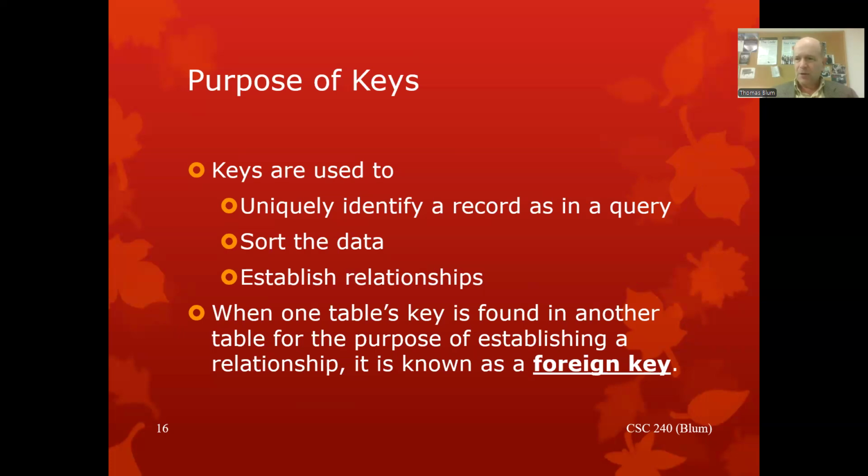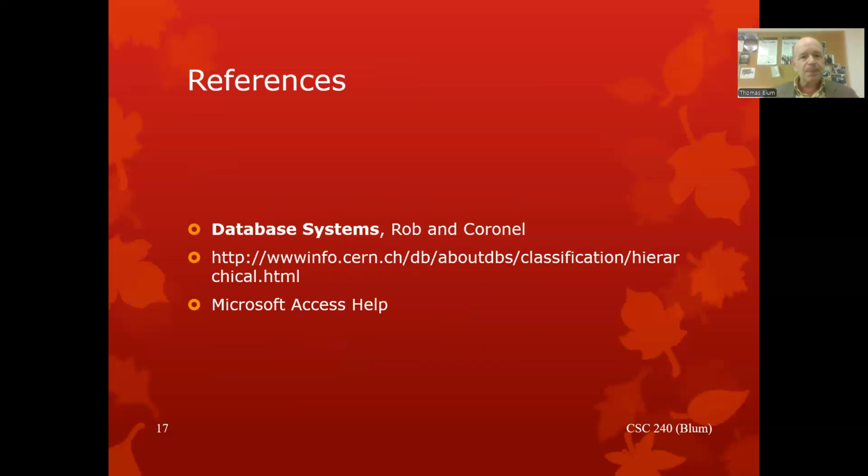When data in two different tables are related, that's often done by having a record in one table have a foreign key that is equal to the primary key of another table, and that establishes a relationship between those two records. Those two records sort of belong together in some way.